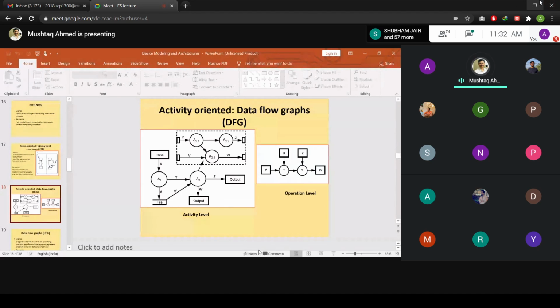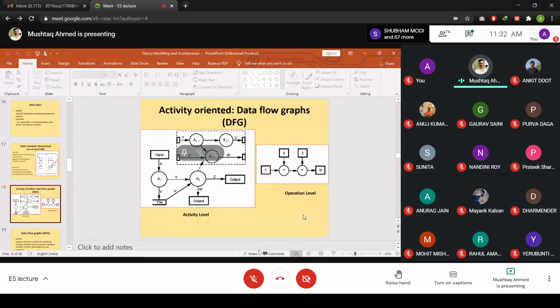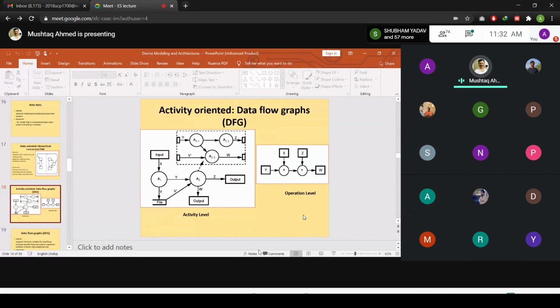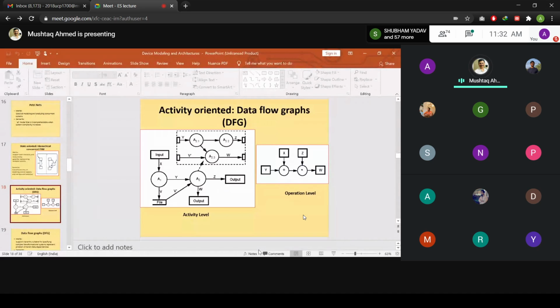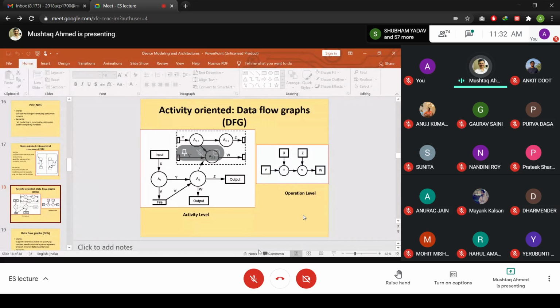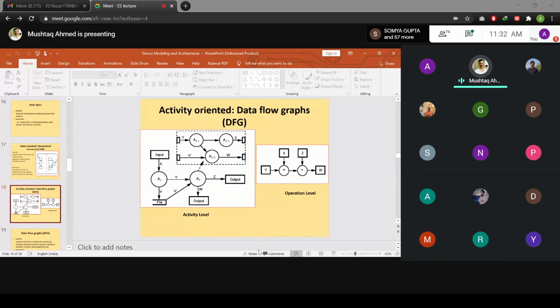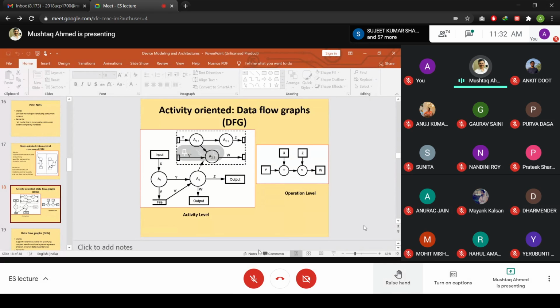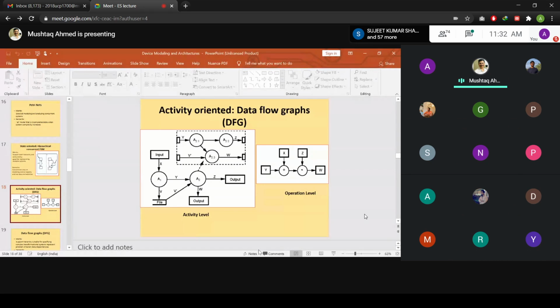You can see over here that certain operations are independent and certain operations are dependent, and their position also depicts that the input must be available prior to switching to another state, or to enable another activity in this data flow graph.